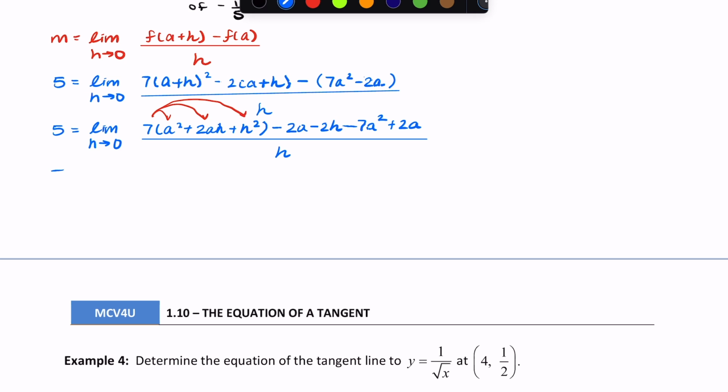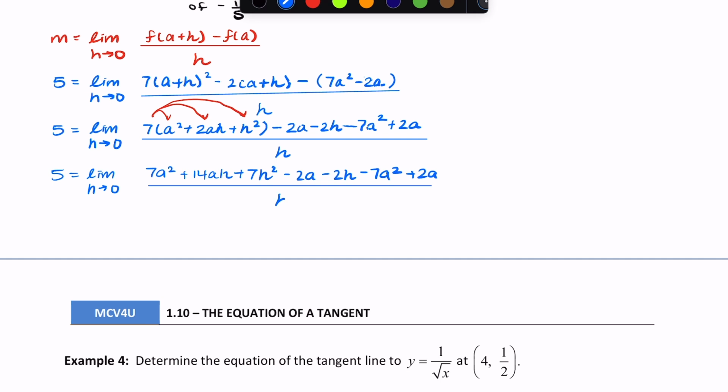And so here, 5 will be equal to the limit as h approaches 0 of 7a squared plus 14ah plus 7h squared minus 2a minus 2h minus 7a squared plus 2a all over h.